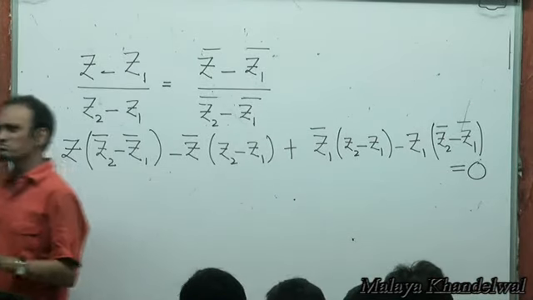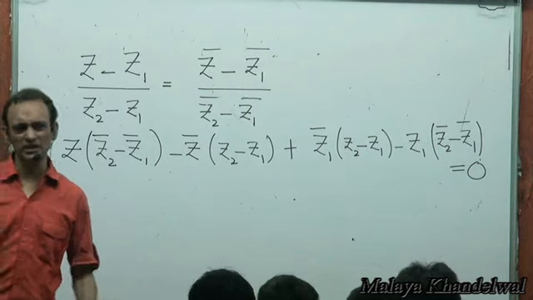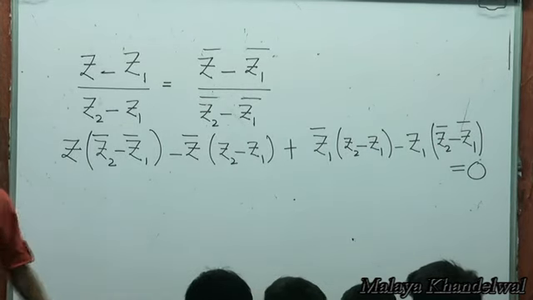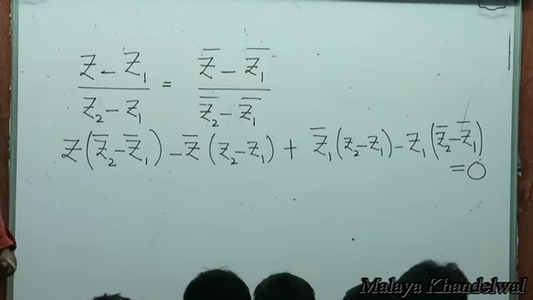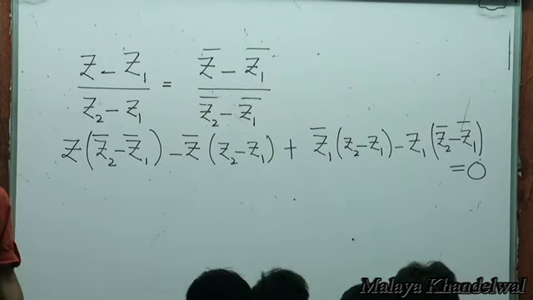No rocket science. Ordinary cross multiplication and consolidation of terms on the same side with z, z bar and the rest segregated, filtered, right?